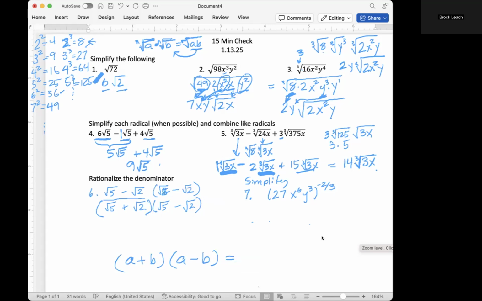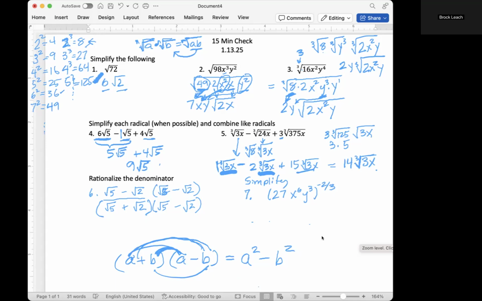The product of a sum and a difference with the same numbers gives us, you guys remember this, a squared minus b squared, because the inners and outers end up canceling out. When we do this FOIL, we end up with a squared and b squared, but the ab, that's a positive ab plus a negative ab, cancel out. So we get rid of that middle term that we normally end up with when we use FOIL. We just end up with the square of the two subtracted. And if I can square both of these individually, that gets rid of the square root.